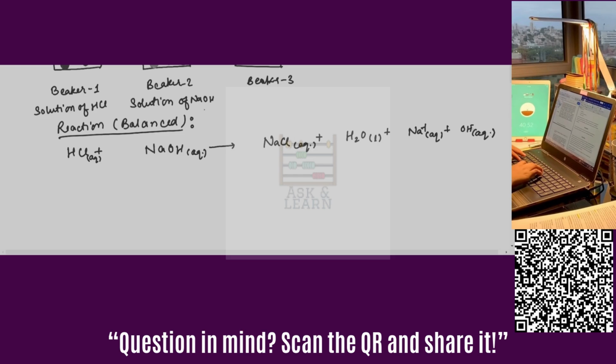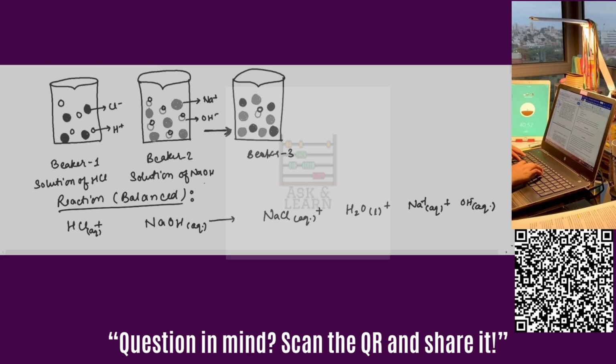Now in beaker 1, it is given 4 HCl: 4 H plus ions and 4 Cl minus ions. So this will be 4 HCl. For beaker number 2, we have 5 Na plus and 5 OH minus ions, so it will be 5 NaOH.